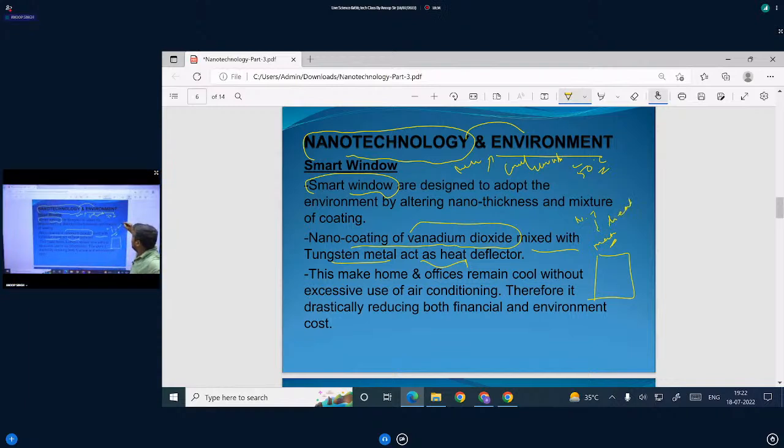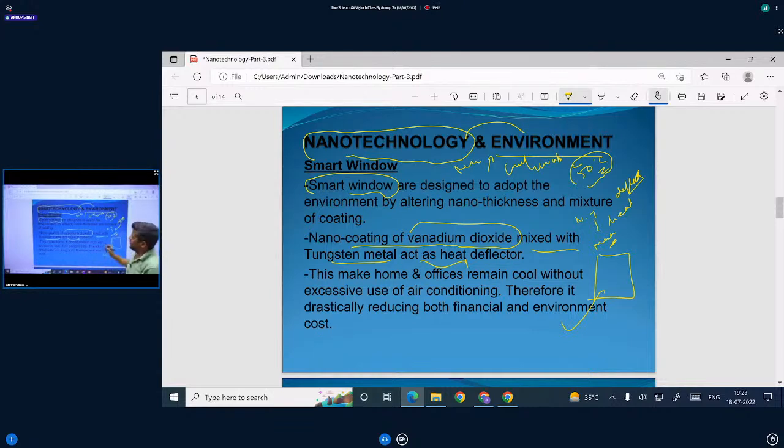This particular material sheet is installed on the windows of offices and houses, which act as a heat deflector and make the office and house temperature normal. As you know very well, if these smart windows are not there, then it requires a large amount of AC. You have to run high power ACs for a long period of time.